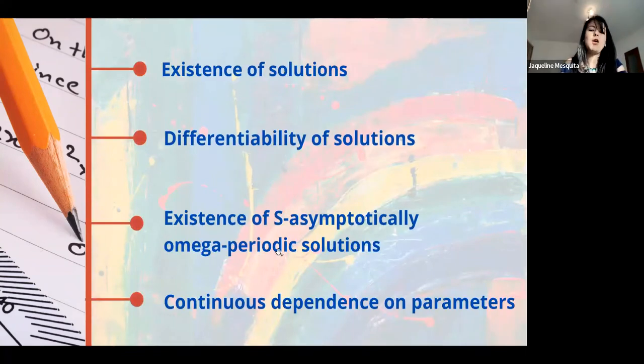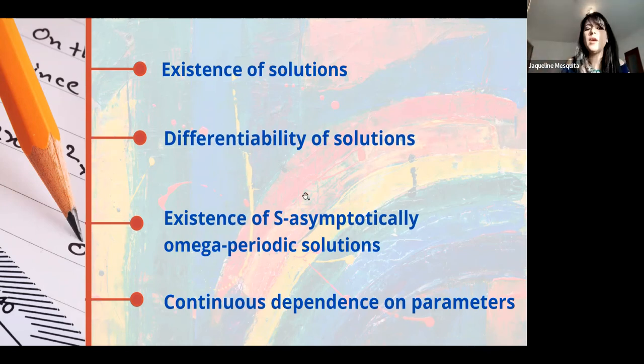Here we also investigated the existence of asymptotically omega-periodic solutions, which means that for such a function f, the difference f of t plus omega minus f of t goes to 0 when t goes to plus infinity.